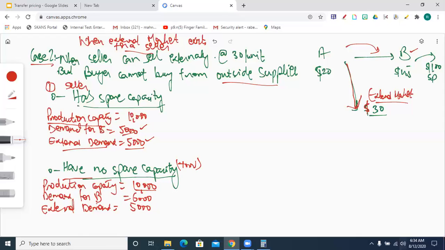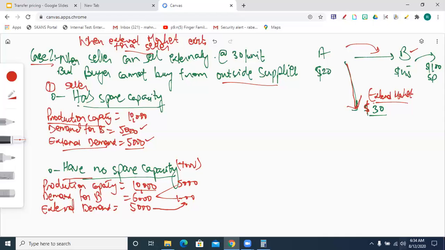If A has to serve the demand for B, which is 6,000, then he only has spare capacity for 5,000 after the external market's 5,000. But the demand is 1,000 more. What about this 1,000? It will be shifted from the external market in order to serve the demand for B.